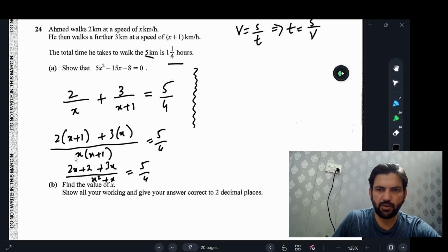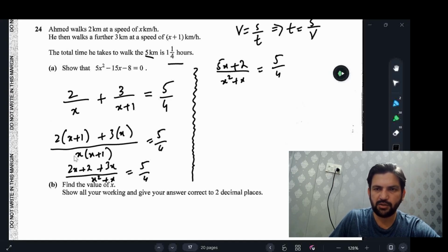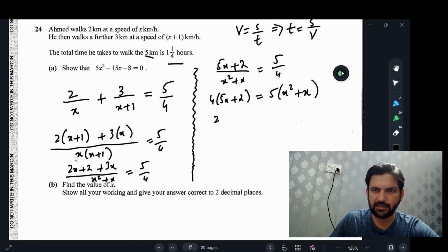Now from here this should be 5x plus 2 divided by x square plus x equals 5 by 4, and cross multiply. You can do it directly, but just for the sake of explanation I am sharing every step. So this will be 20x plus 8 is equals to 5x square plus 5x.